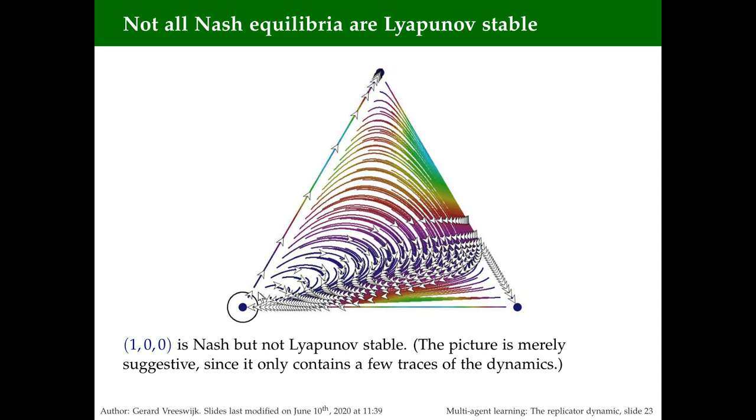The trajectories are moving outwards and then moving inwards. So this is not stable, because if you're here you may be thrown outwards and then thrown back in. But still, Gambit, at least Gambit, tells us this is a Nash equilibrium of this particular replicator dynamics, of which we don't give the payoffs, only the behavior.